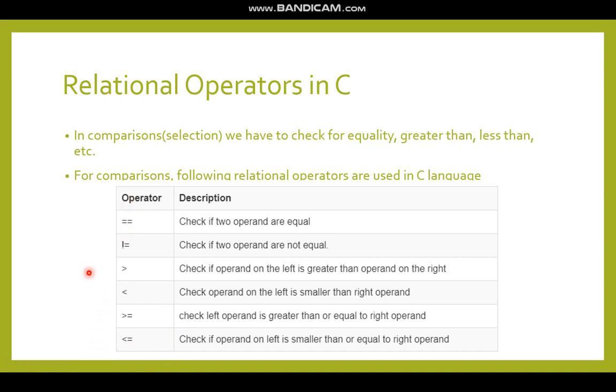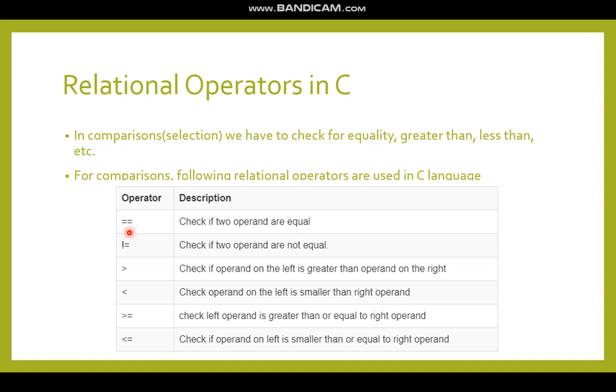Now let's say you want to check whether two values or variables are equal. Therefore you have to use this operator. This is the equivalence operator. It consists of two equal signs.